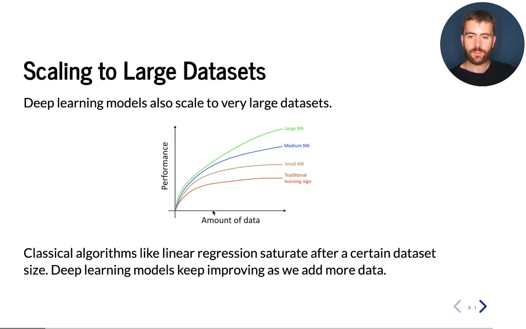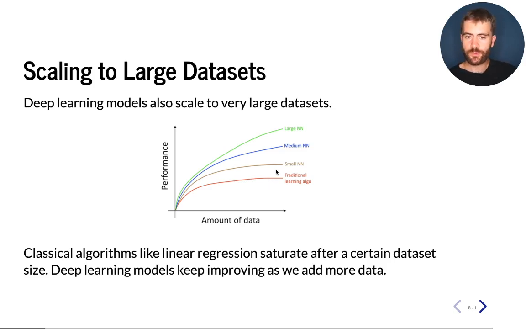If we have little data, then performance will improve, but with a traditional learning algorithm, once we hit some number of data points, maybe this is 10,000, maybe this is 100,000, at some point our model will saturate and it will no longer be useful to have any more data.